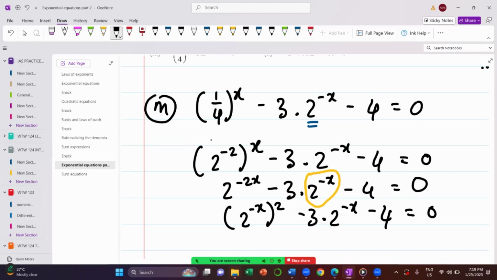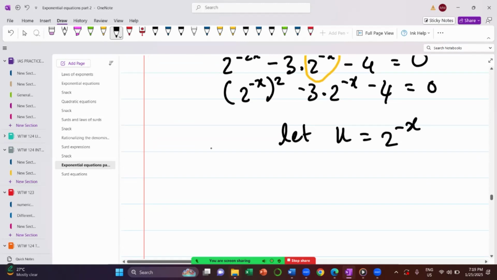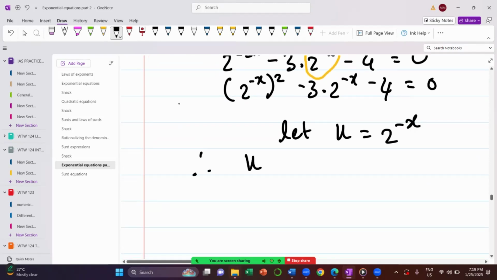So once I'm here, I can just say let k be equal to 2 to the exponent of negative x, right? Therefore, now I'm going to have k squared minus 3k minus 4, all equal to 0. Are you okay, guys?